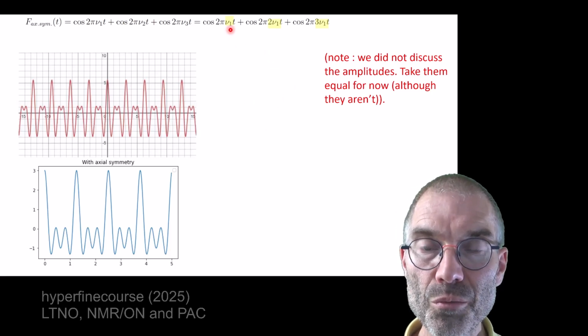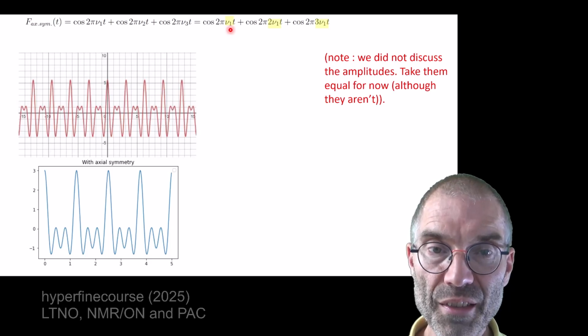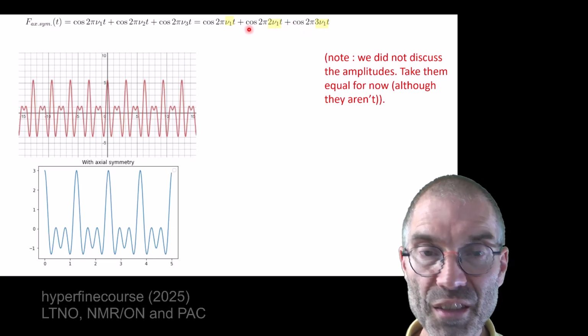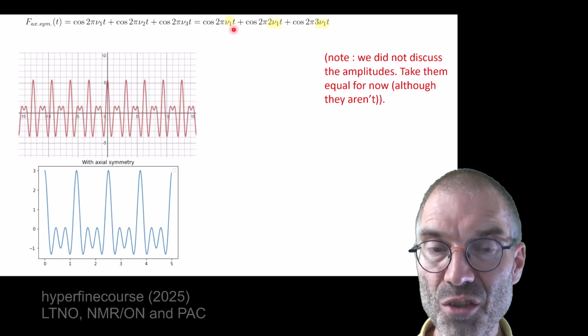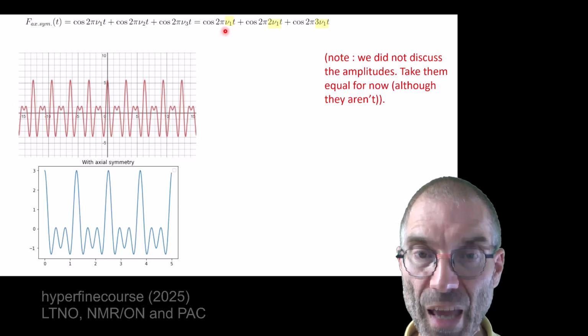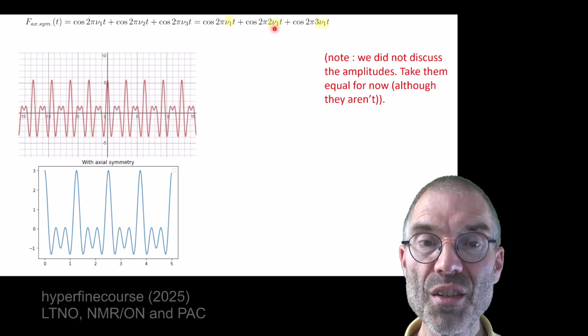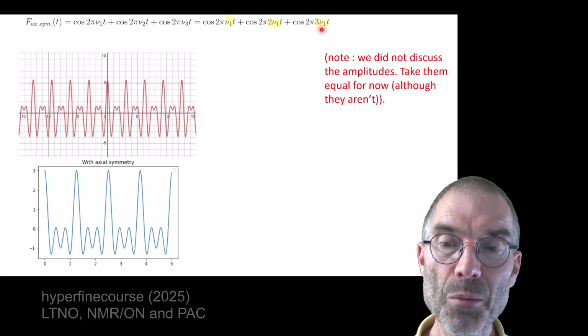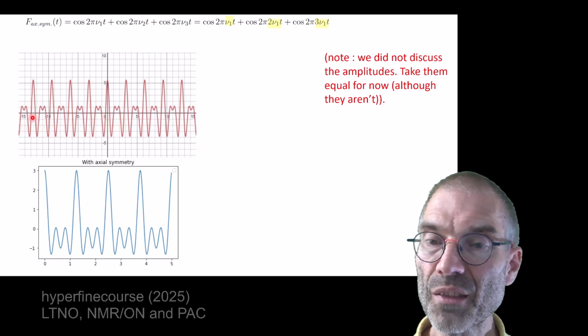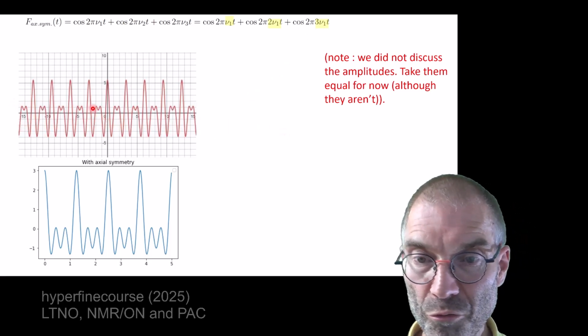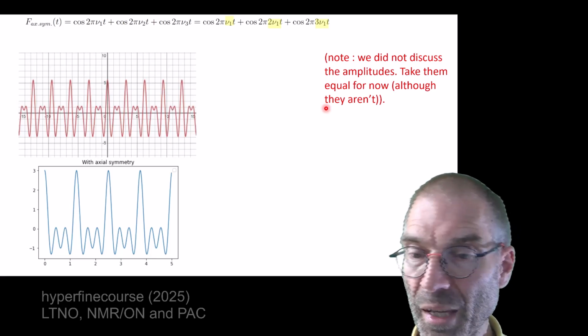So if you take that for granted, that these frequencies are the three frequencies you see in your PAC spectrum, and these are harmonics of each other, so twice the ground frequency, 3 times the ground frequency, then you get this type of very periodic pattern.